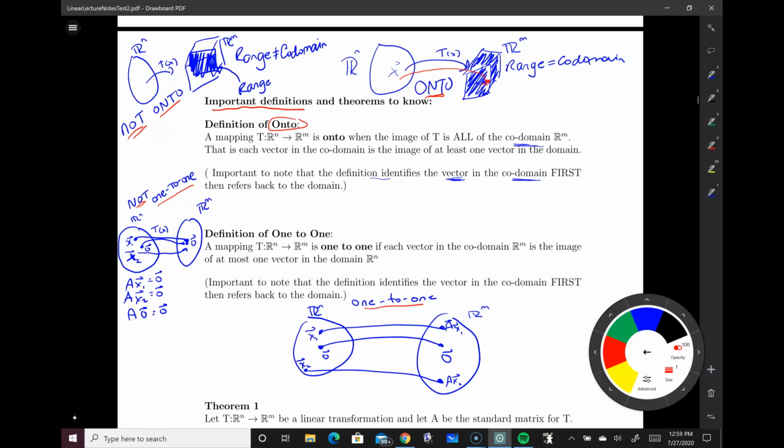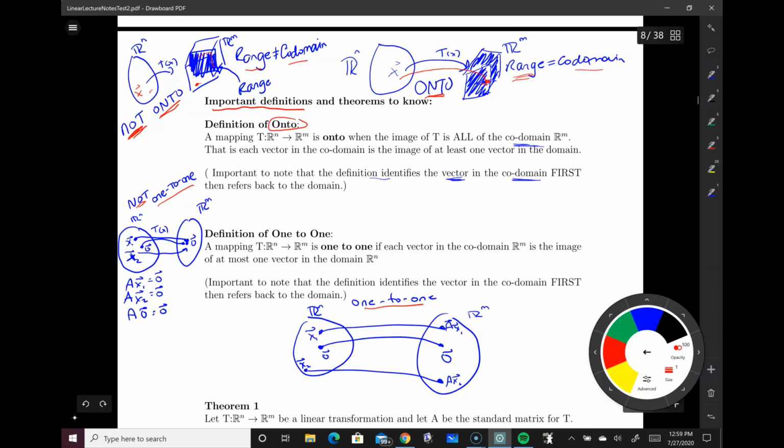So this is a picture of a mapping not being onto. I can find a vector here that there's no x going to it. There's no x being mapped to it, right? X's are always in the domain. So the range does not equal the codomain when it's not onto. When it is onto, the range is the codomain.